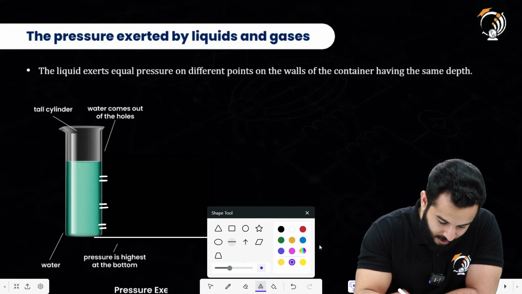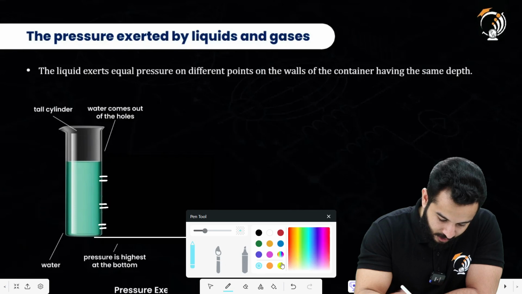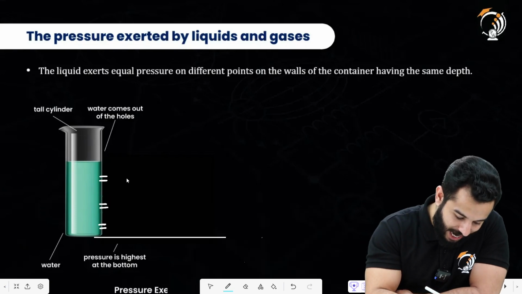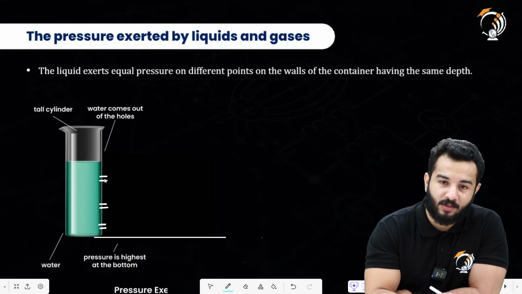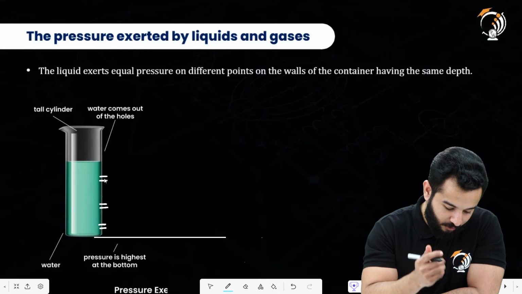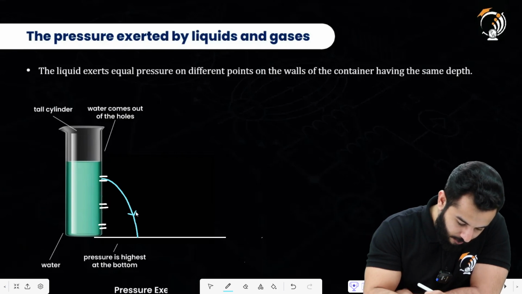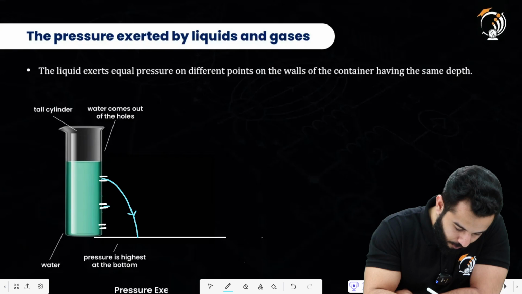What we are going to observe is that the liquid from the hole at the top of the cylinder will come out something like this, from this hole it would be something like this, and from the last one something like this.